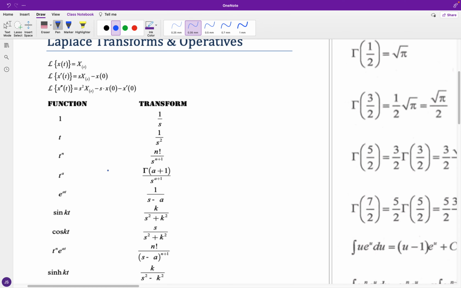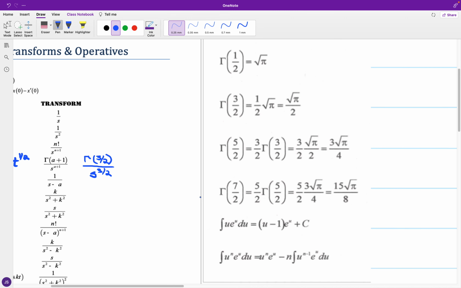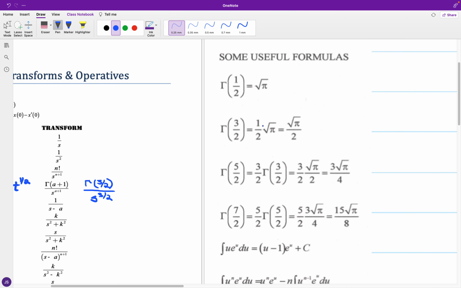So in the case of t to the 1/2, we're looking at the gamma of 1/2 plus 1, which will be gamma of 3/2, all over s to the 3/2. Looking at the listing of gamma values, gamma of 1/2 is the square root of pi, and gamma of 3/2 is going to be the square root of pi over 2.